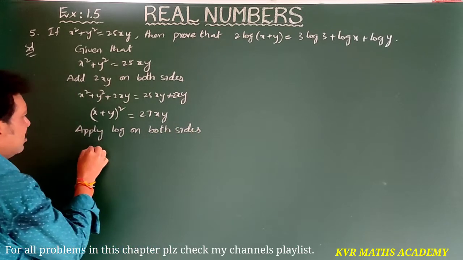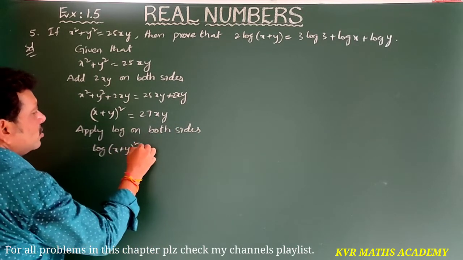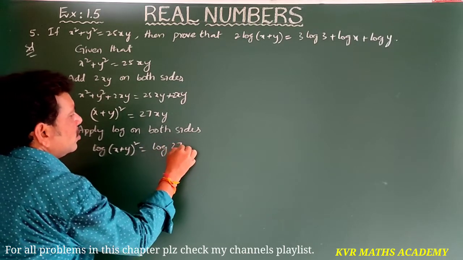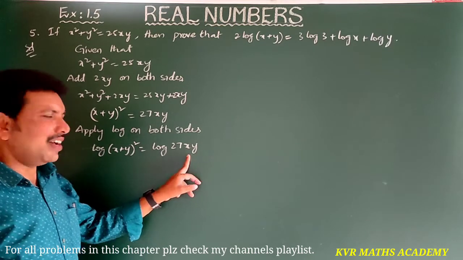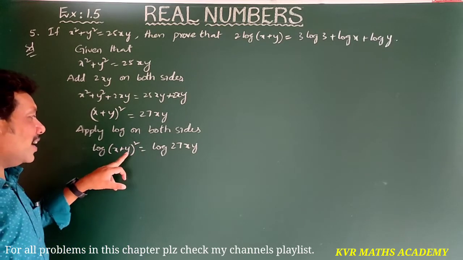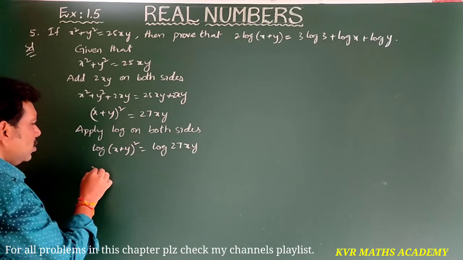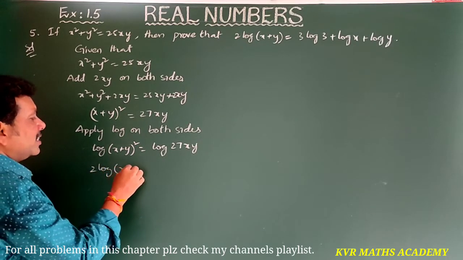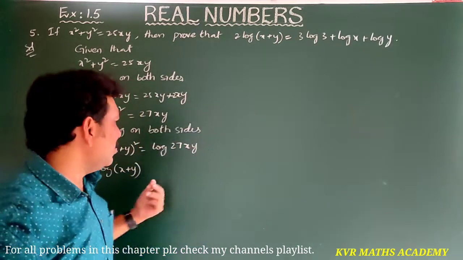What will happen? This will be log of x plus y whole square is equal to log 27xy. Now log x power m is equal to m log x, so this will be 2 log of x plus y. See, 2 log of x plus y we have got.